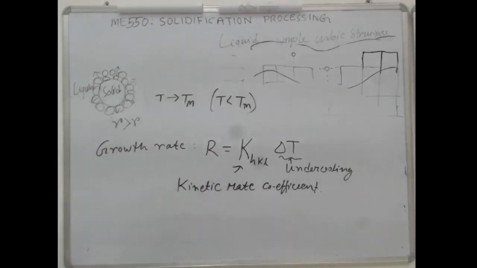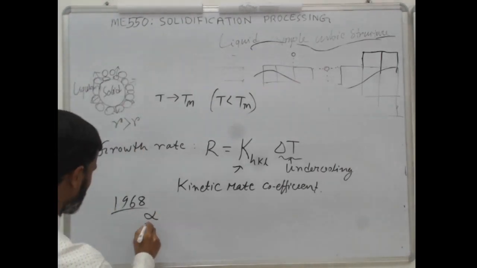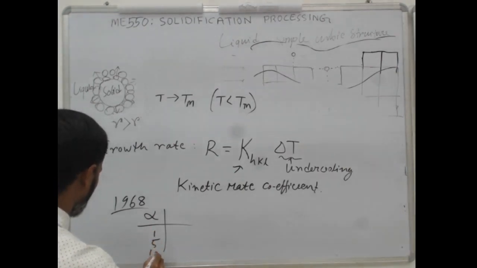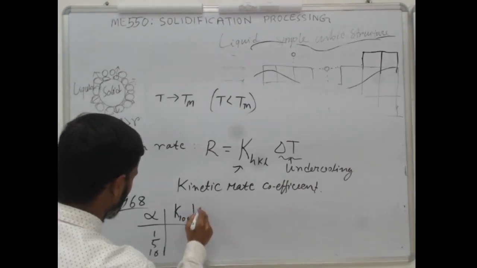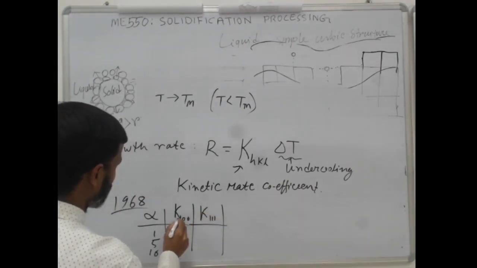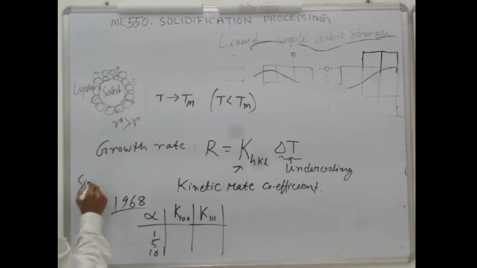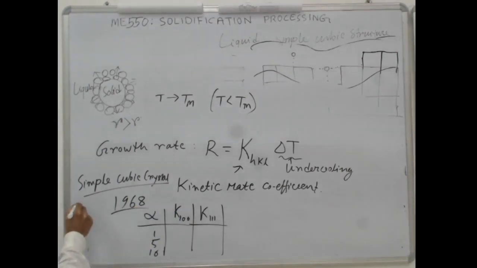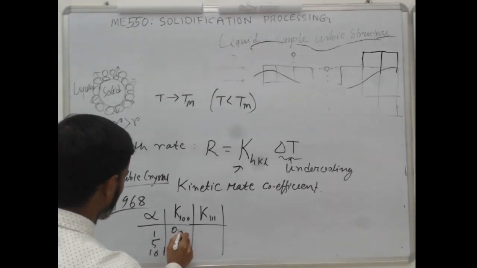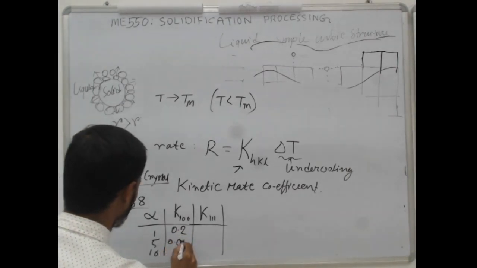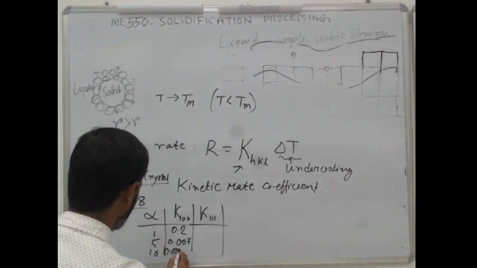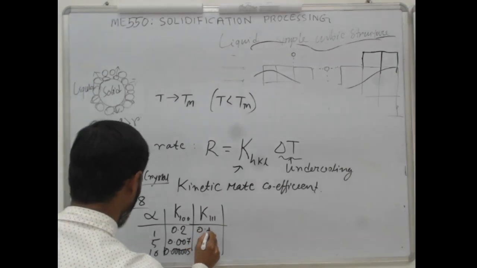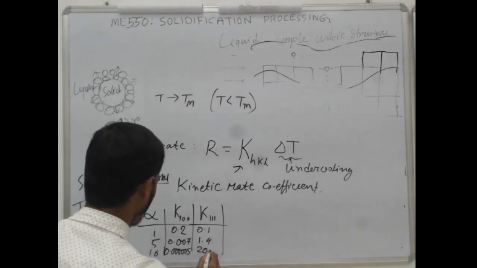Now you see, Jackson in 1968 did some analysis and found that for different values of alpha, say 1, 5 and 10, the coefficients K100 and K111, this is the coefficient of this plane for a simple cubic crystal, have different values: 0.2, 0.007, 0.1, 1.4, 20.0.